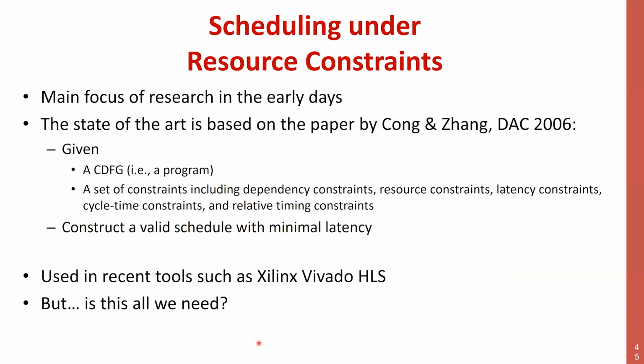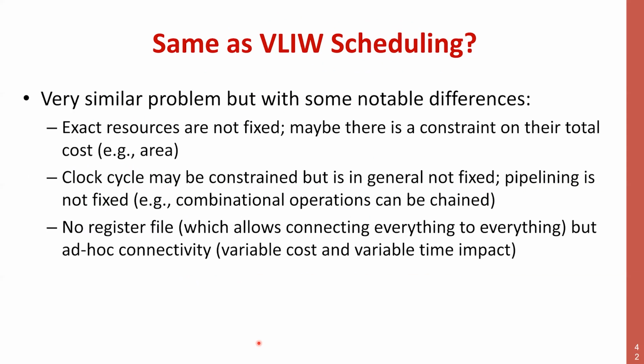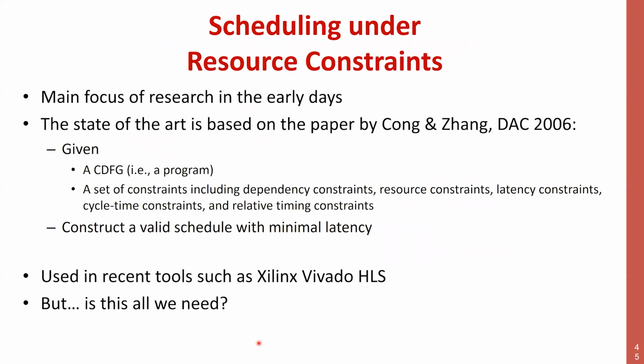Now the question is, is this enough? So once I have solved all these problems, do I have something that I give a piece of C code and makes a reasonable piece of hardware out of it?